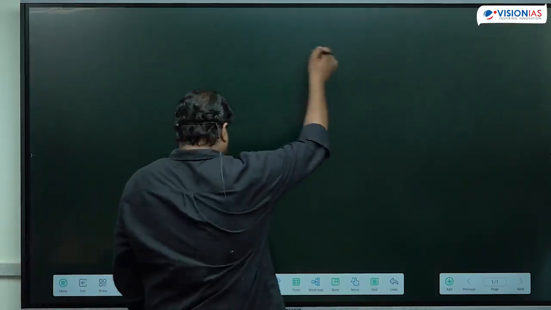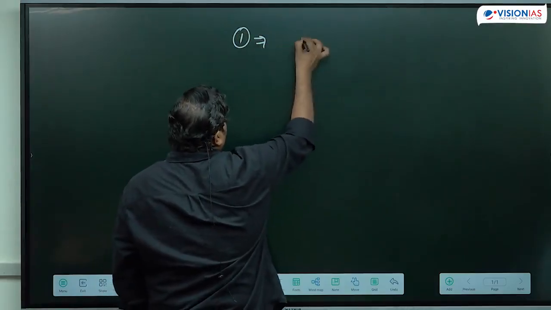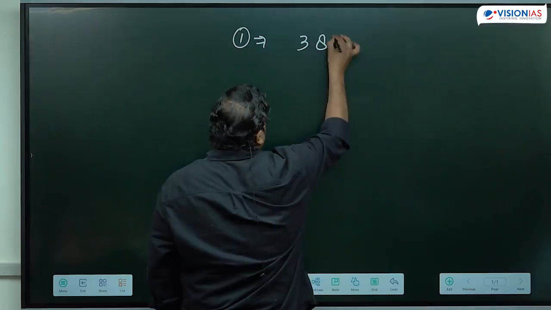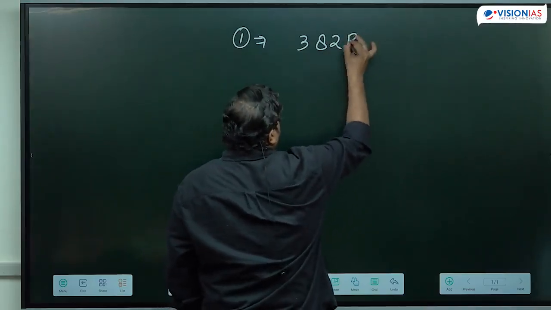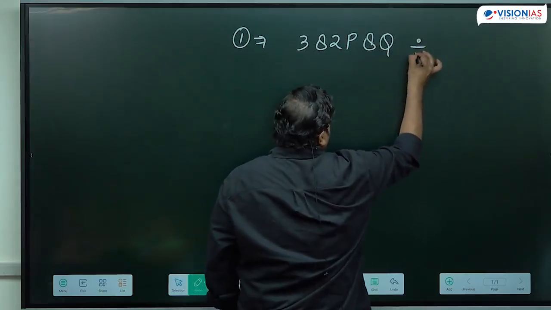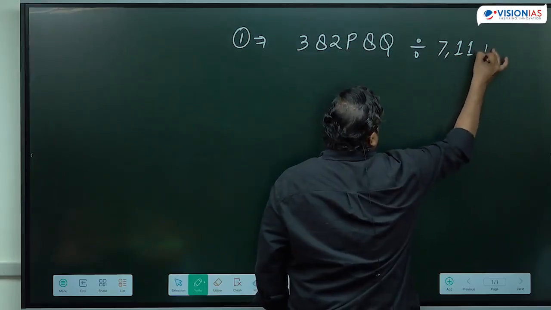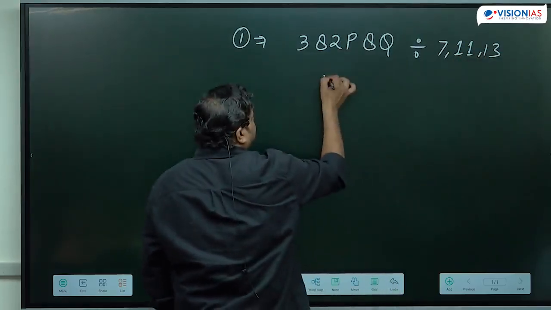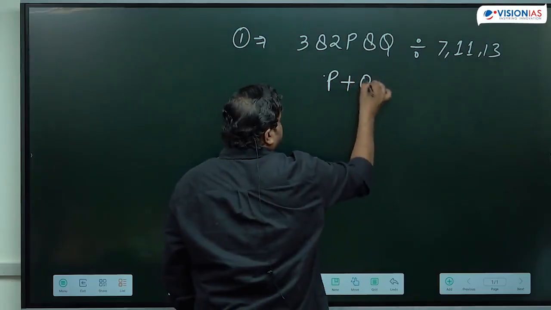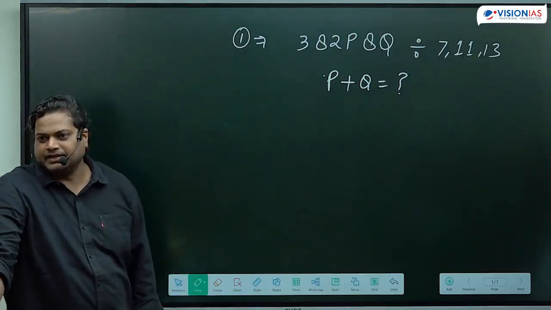If I write a number this way, 3 8 2 P 8 Q, this number is divisible by 7 11 and 13. What is the value of P plus Q? Simple है.